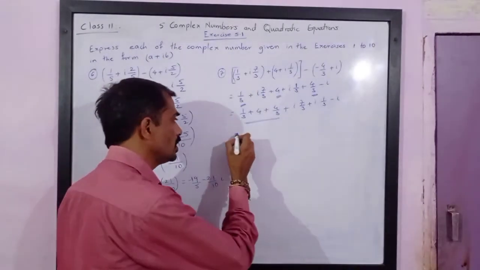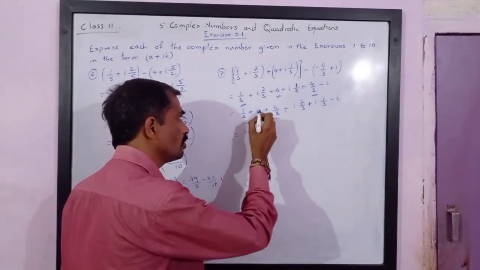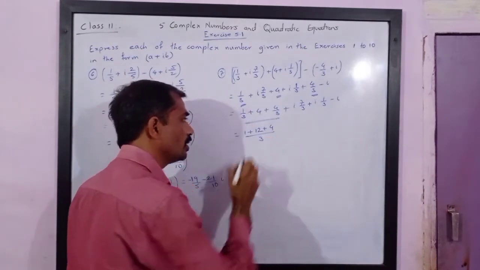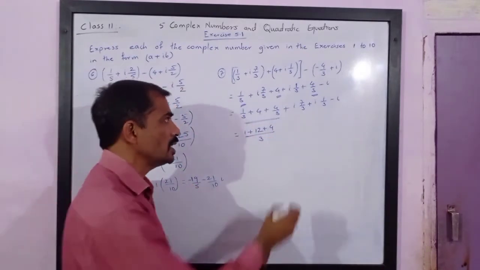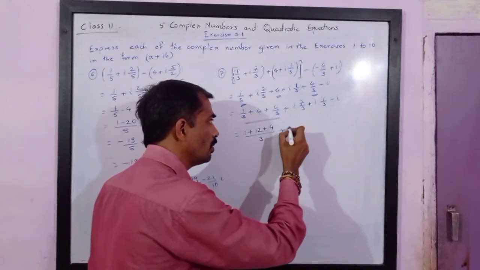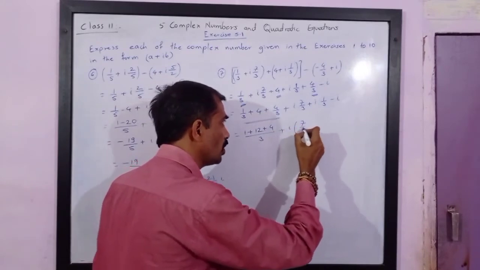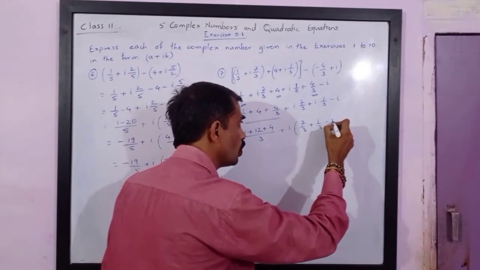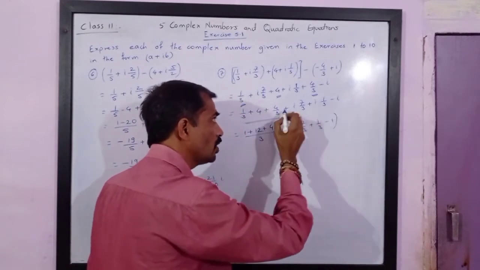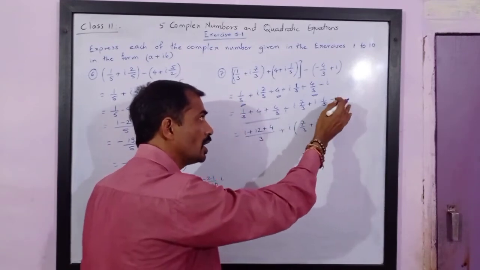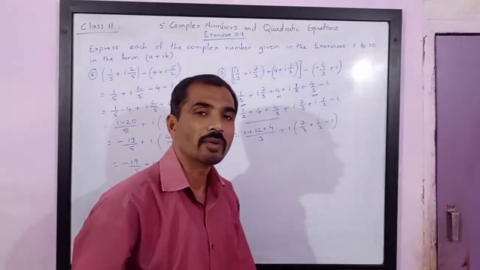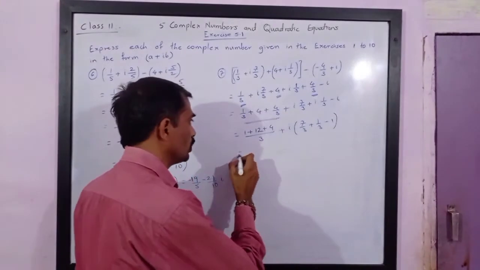So you will get this is equal to 1 plus 4 threes are 12 plus 4 upon common denominator 3. Now plus, if you take i common, we will have 7 upon 3 plus 1 upon 3 minus 1. Be careful. I is taken common, it means one i was there, so one hidden one was there, so it will remain there, minus 1.